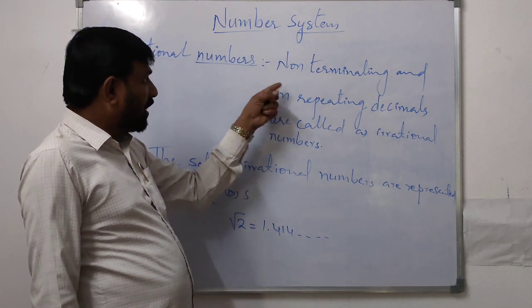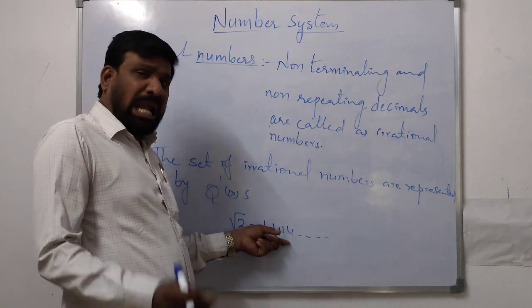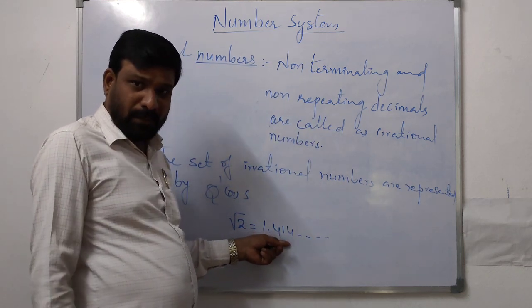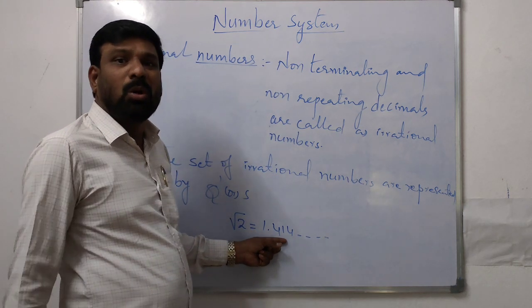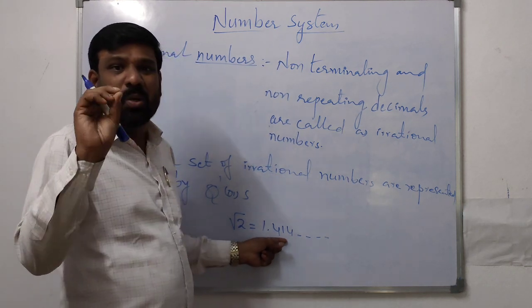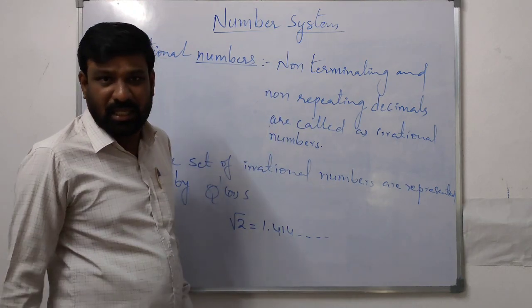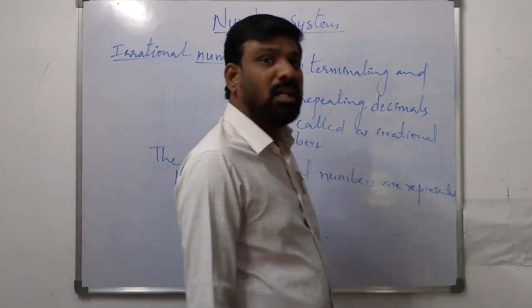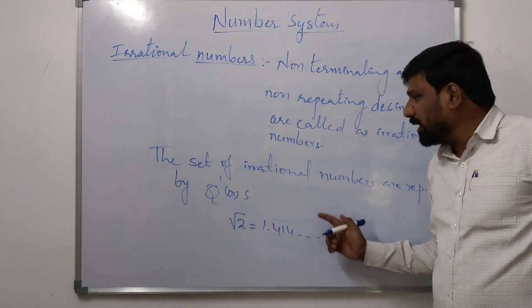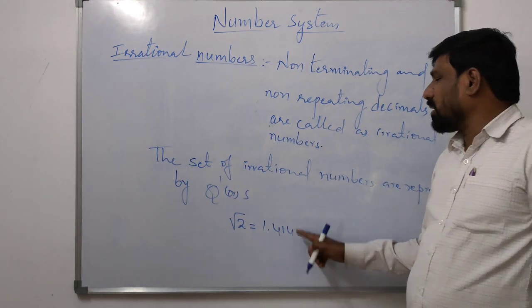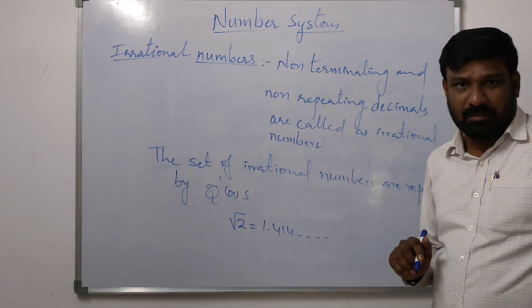In the case of a non-terminating repeating decimal, a digit or set of digits will repeat. But in this case, no digit or set of digits repeats continuously. So that's why these types of numbers are called irrational numbers.